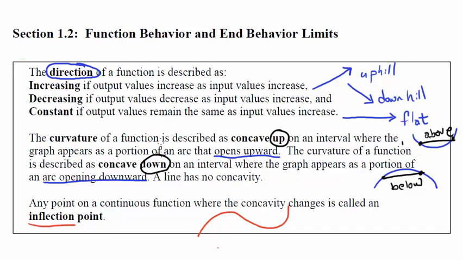On the left part over here, I am concave down. All right, and on the right section over here, I am concave up. Okay, so this point, somewhere around right here, where I switch from up to down, is called an inflection point.